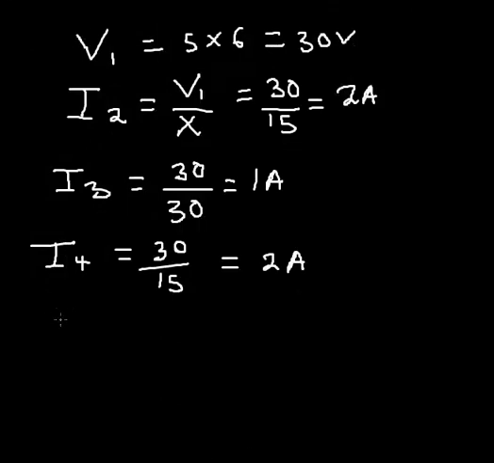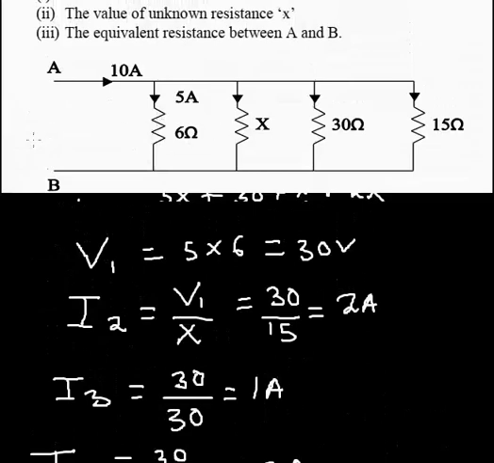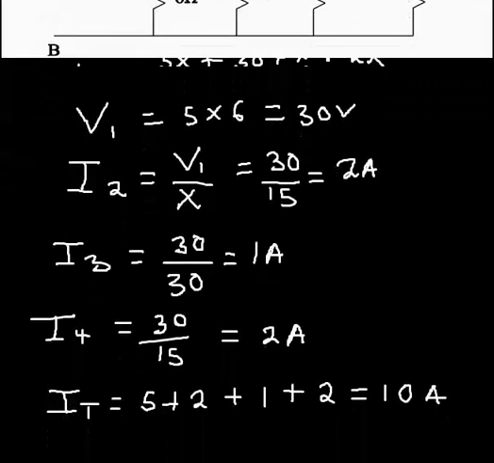So invariably now, if I add it up, I total is going to be equal to I1 is 5 ampere, I2 is 2 ampere, I3 is 1 ampere, then plus I4 is 2 ampere. So if I add 5 plus 2 plus 1 plus 2, that is 10 ampere, okay, which is the same as the supply current from the source, okay? So as simple as that.